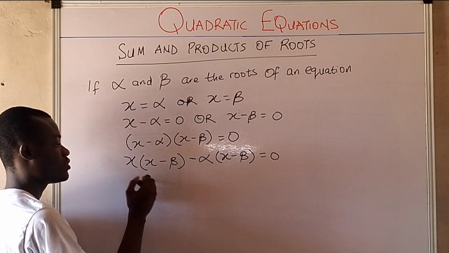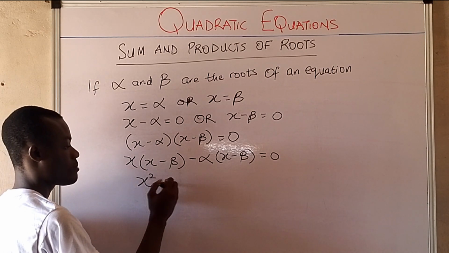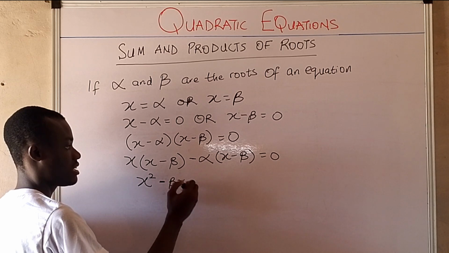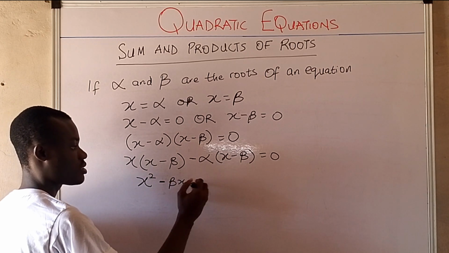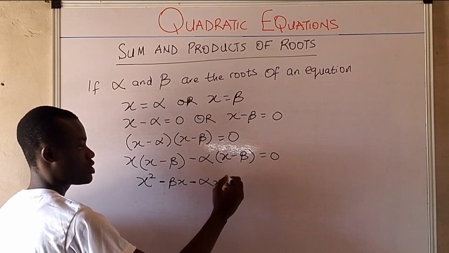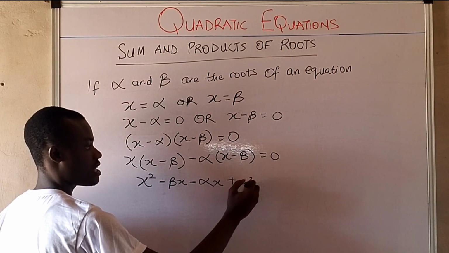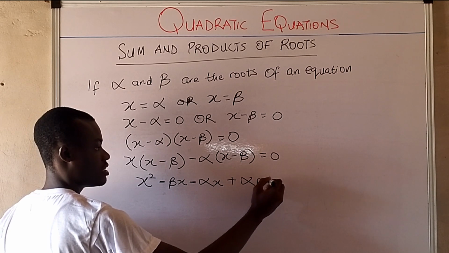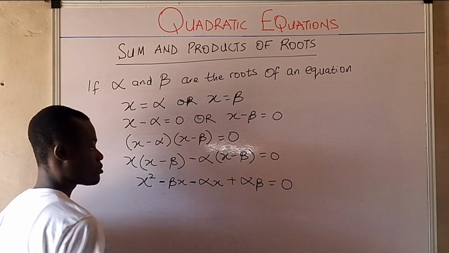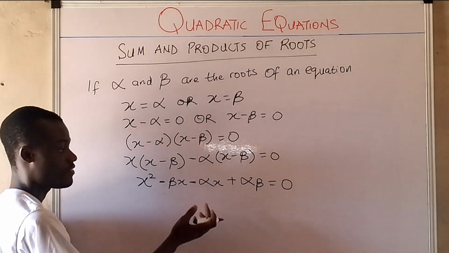So x times x gives us x squared, minus beta times x gives us minus beta x, minus alpha times x gives us minus alpha x. Then minus alpha times minus beta, minus times minus gives us a plus, gives us alpha beta, is equal to 0. Since this has x and this has x, I can factorize them.